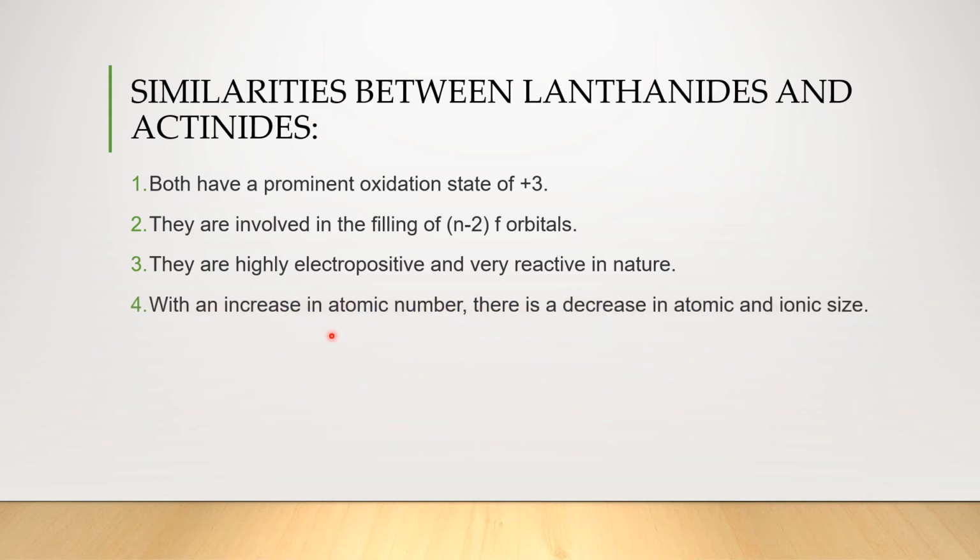Both of them undergo lanthanide contraction and actinide contraction, that is a steady decrease in the atomic or ionic radius with increase in atomic number, known as the contraction. Lanthanide means lanthanide contraction, actinide means actinide contraction, both of them are the same.